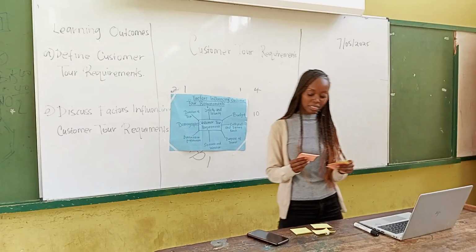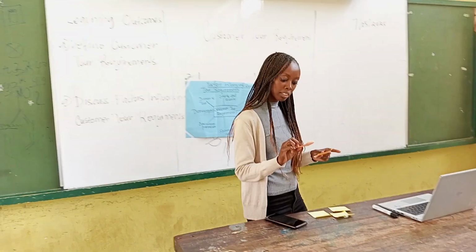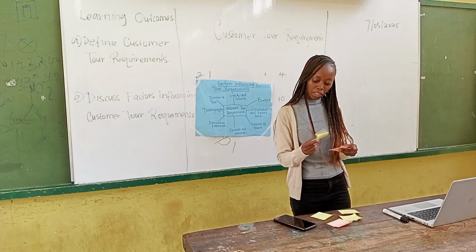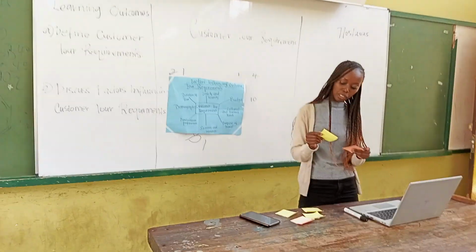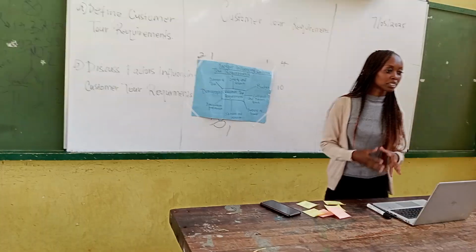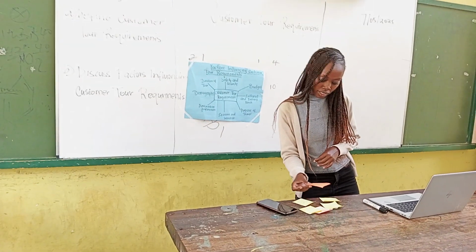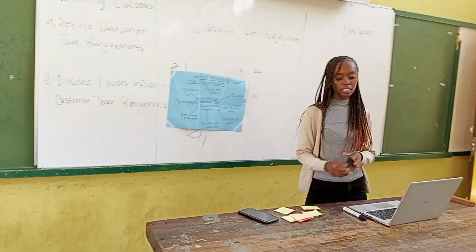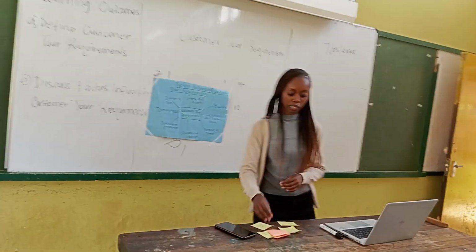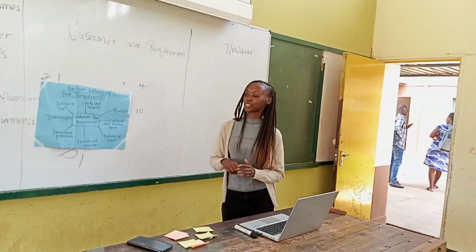That is correct. Destination preferences, social norms, traditions. Yes, that's good. Then we have duration of the tour, demographics, the tour required. Yes. So those are all the correct points. There's one here that says technology. That one I think is not correct. We cannot say that at the moment.